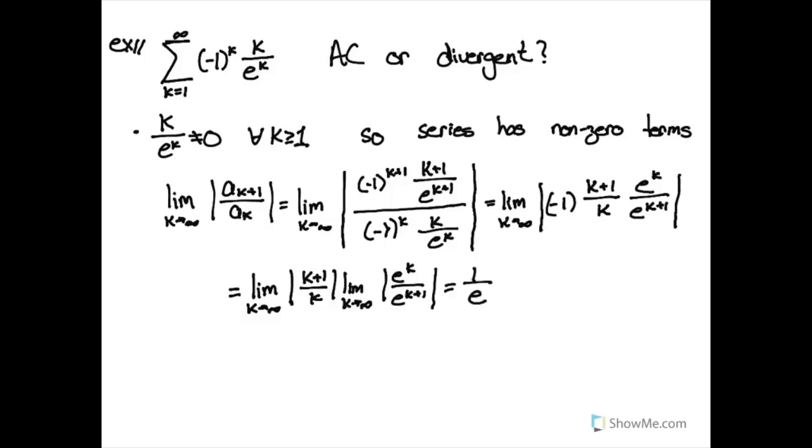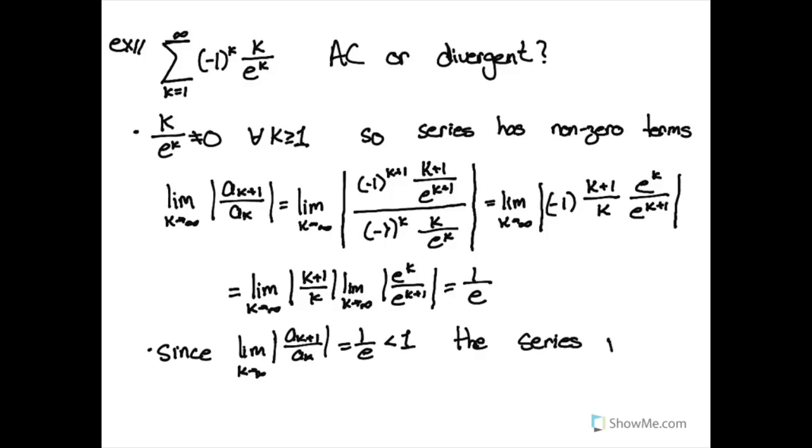So the limit of the ratio does exist, right? And since the limit of the absolute value of the ratio of a_k as k goes to infinity is equal to 1 over e, which is strictly less than 1, the series is absolutely convergent.